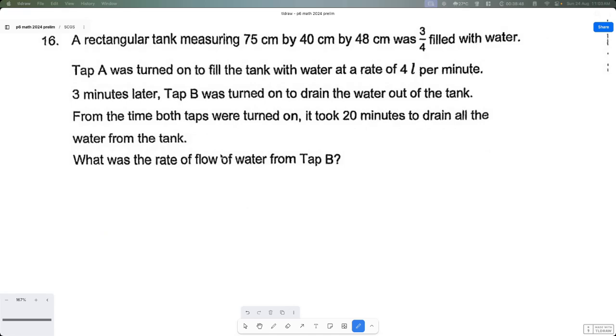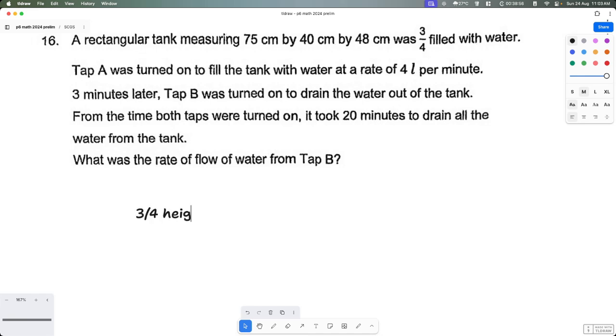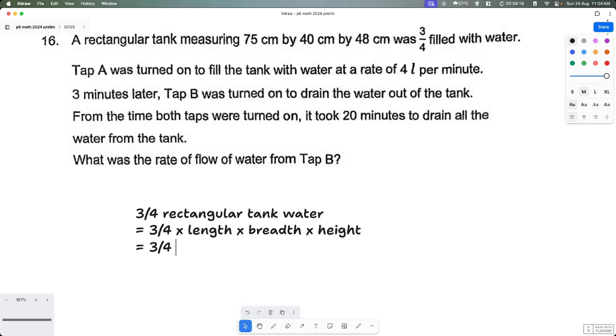Let's do this step by step. The water in the tank is 3 out of 4 times length times breadth times height, which in this case is 3/4 times 75 times 40 times 48.